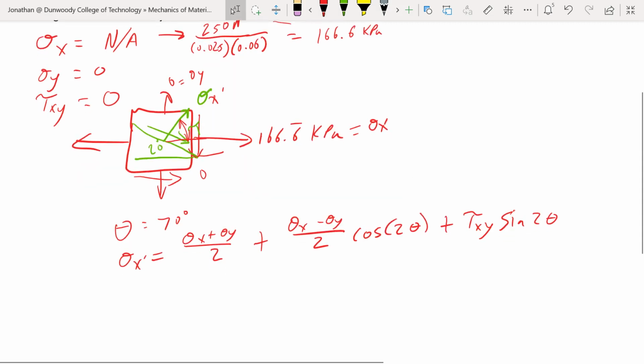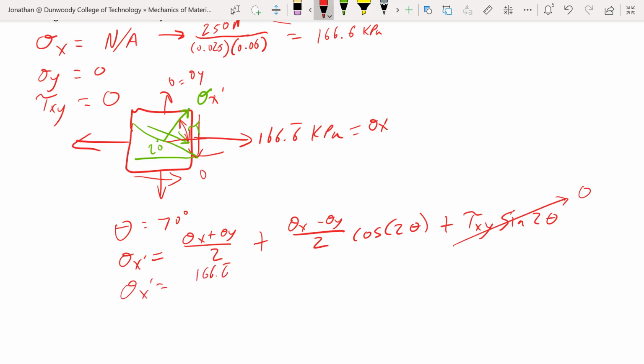In this case, what do we have going on? Well, sigma y is 0, tau xy is 0, so this whole last term is going to go to 0. So we get sigma x prime equals 166.6 repeating plus 0 over 2 plus 166.6 repeating minus 0 over 2 cosine of 140 degrees.